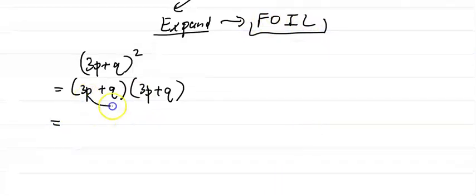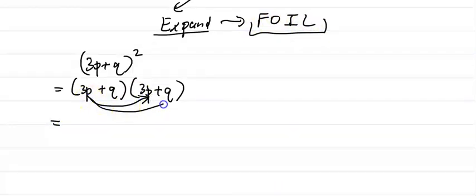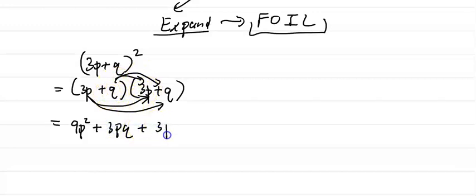We take the first term and multiply every other term, like so, using the distributive law. 3p times 3p is 9p squared. 3p times plus q is plus 3pq. Then take the second term and multiply every other term. Plus q times 3p is plus 3pq, and plus q times plus q is plus q squared.